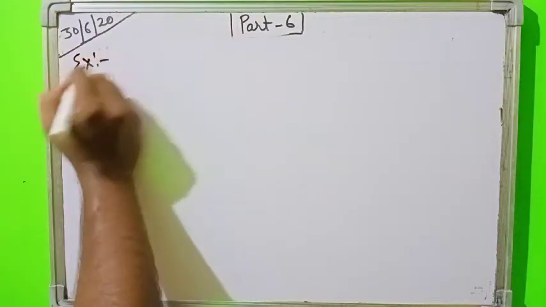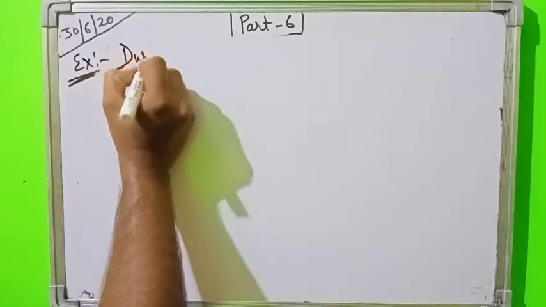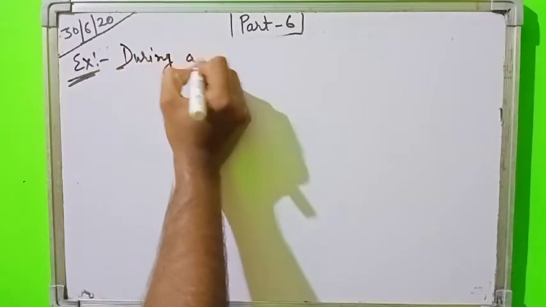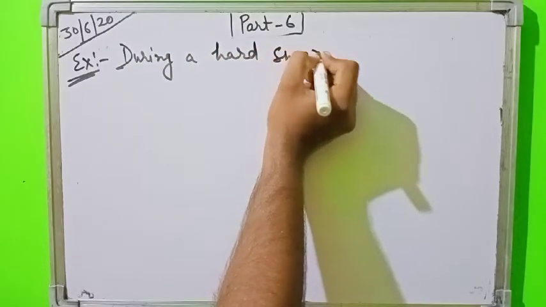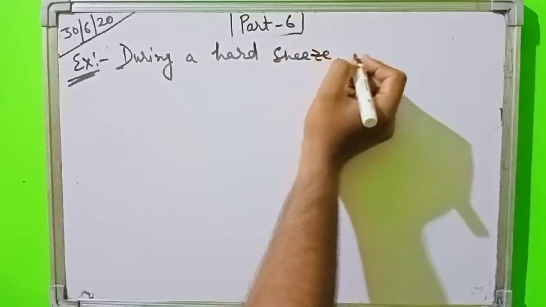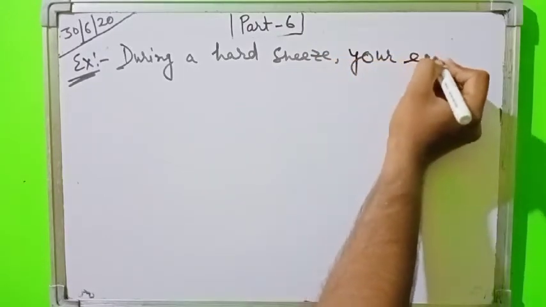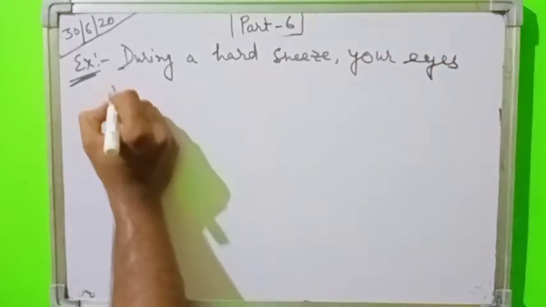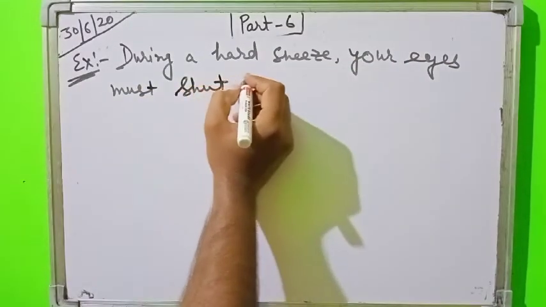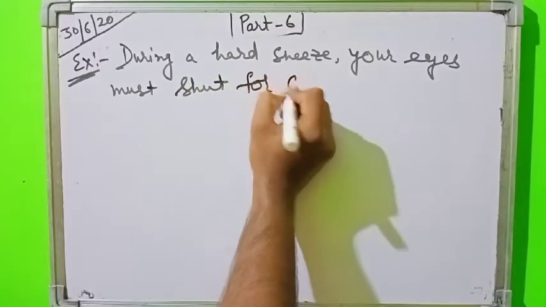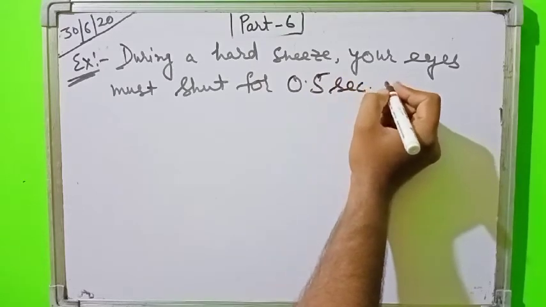Example: during a hard sneeze, your eyes must shut for 0.5 second.